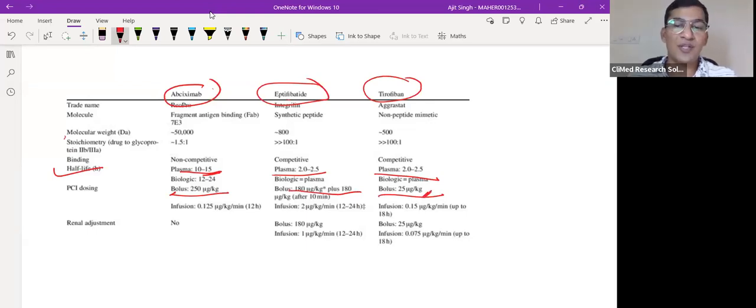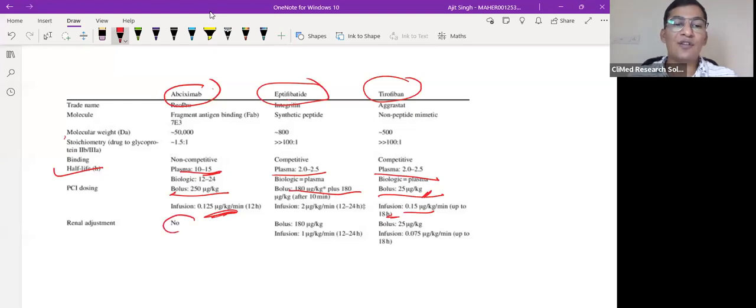And infusion can be given at the rate of 0.125 microgram per kg per minute for 12 hours for abciximab. For eptifibatide, it could be given as 2 microgram per kg per minute for 12 to 24 hours. And tirofiban can be given at 0.15 microgram per kg per minute up to 18 hours. So these are the dosing in percutaneous intervention, in the case of heart attacks.